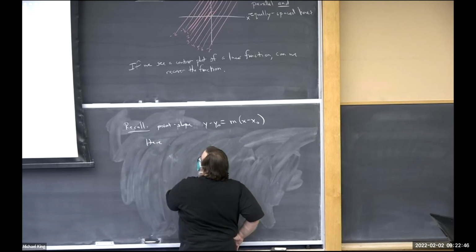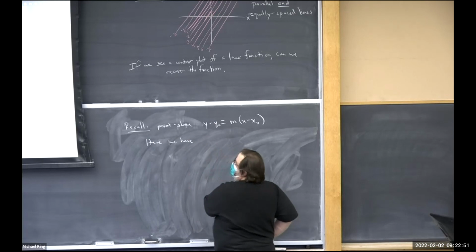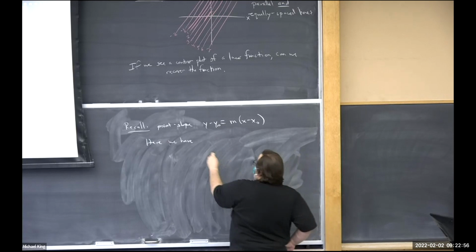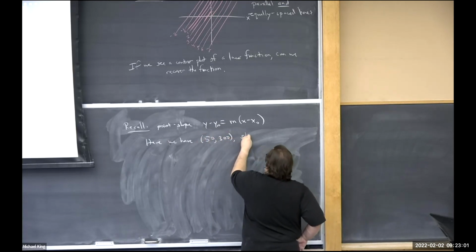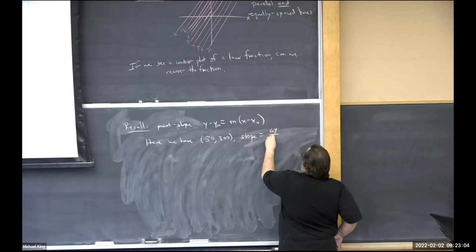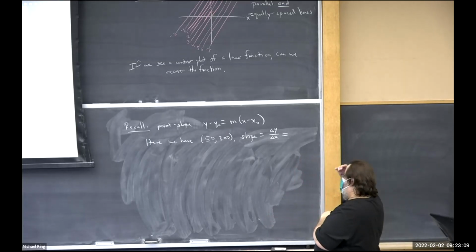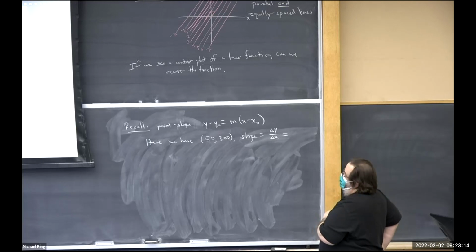What point do we have on the line labeled 4,000? 50, 300. And what's the slope? Using the other point, what's the delta y? The slope is 2/3, or well, negative maybe.